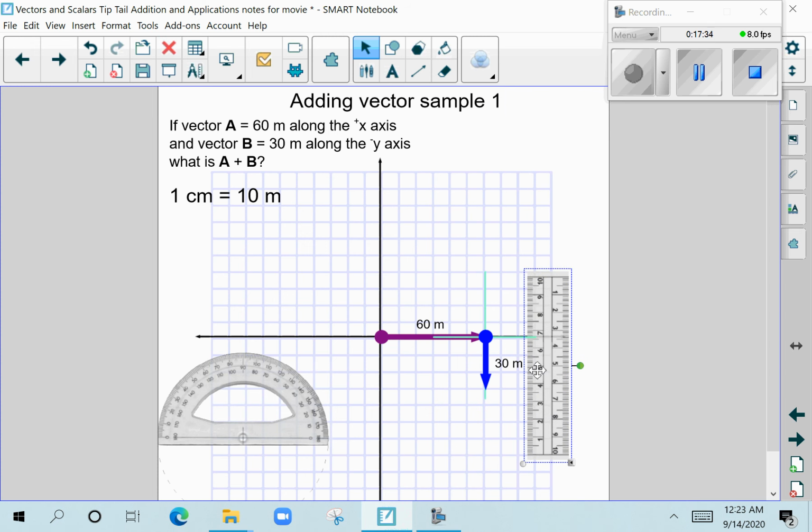If I had a third vector at the very tip of the vector here, I would simply draw out another origin and draw out my next vector to scale. But since I'm done, I'm simply going to now draw a vector from the start of my first vector to the finish of my last vector.